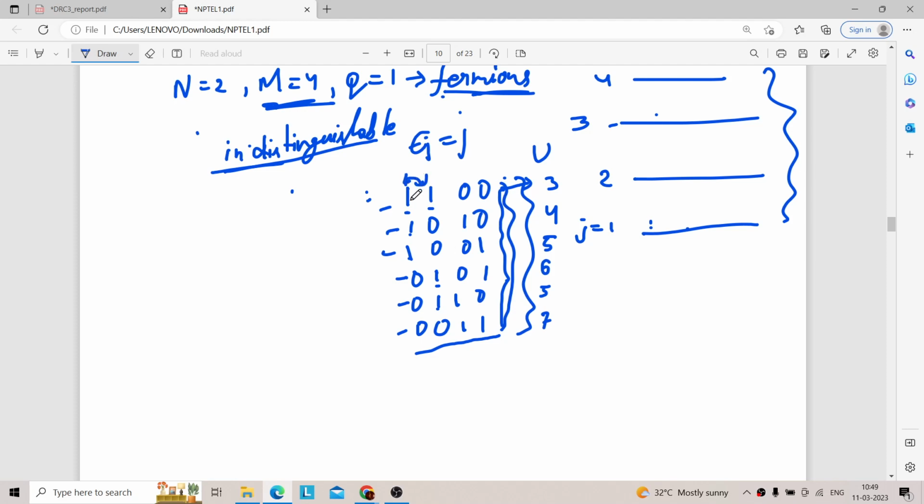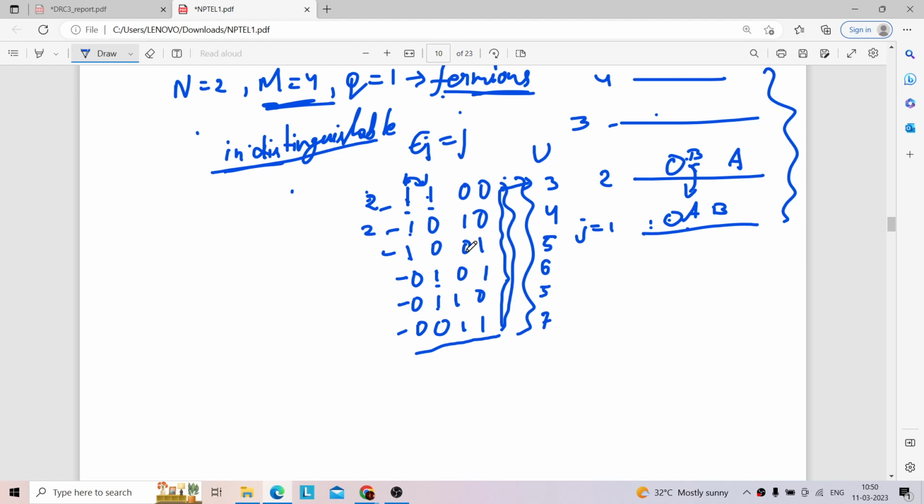I can put one ball here, let's call it A, then the second ball here, let's call it B, or we can arrange like this, B here and A here, right? So for this, how many configurations will I get? I'll get 2 for this.